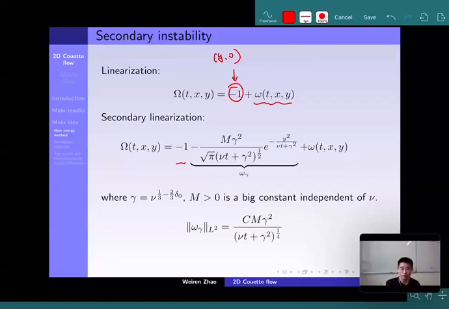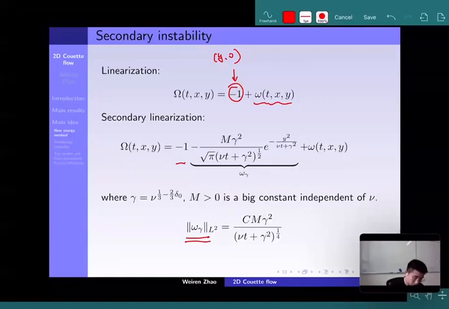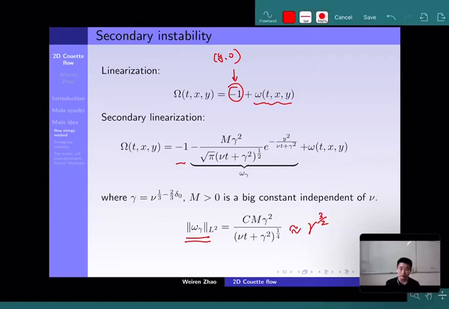You can check that the L2 norm of this Gaussian function is gamma square divided by gamma to the half, so it's almost like gamma to the 3/2. Gamma is small. Gamma is like nu to the 1/3 minus 2/3 delta 0, so this is like nu to the 1/2 minus delta 0.